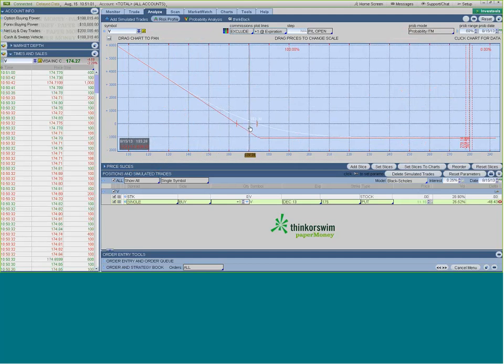$1,400 minus 1,110 equals 290, divided by 1,110. That's a 26% return on investment.